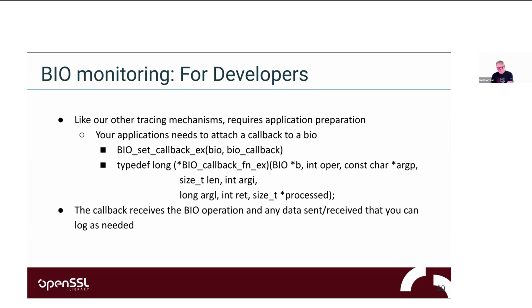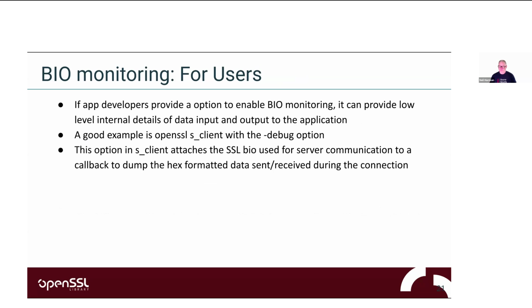You can see the function prototype of that registration function here. The callback then is called and receives the BIO operation and any data sent or received on that object, to which you can log any way you see fit.